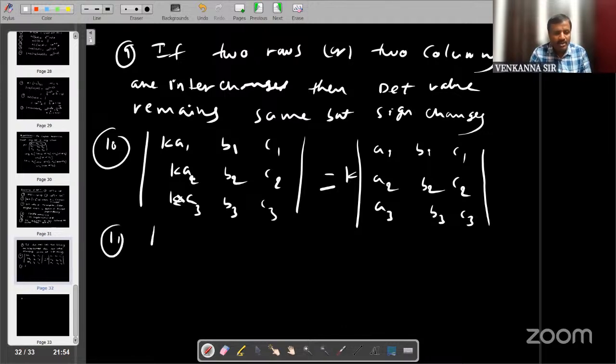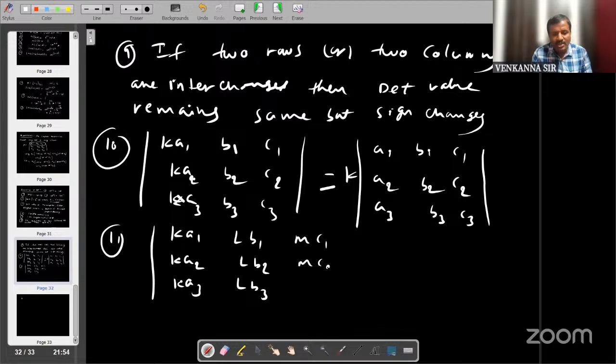11th property, Ka1, Ka2, Ka3, LB1, LB2, LB3, MC1, MC2, MC3. See what happens here. First A1, A2, A3 is multiplied with K, B1, B2, B3 multiplied with L, C1, C2, C3 multiplied with M. What happens here?